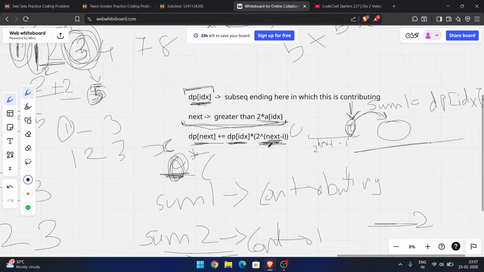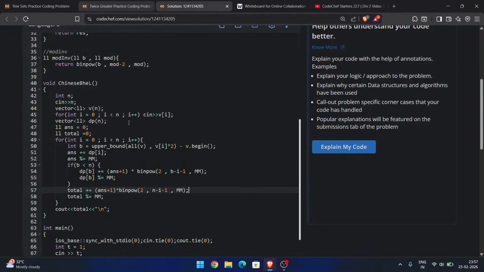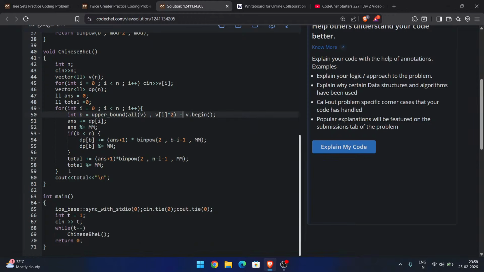So dp of next plus equal to dp of index into 2 to the power next minus 1. So these are the total subsequences formed till there, into bin power of this. What is this? The number of indexes between the next greater element and this index. So in the end, what is our answer? Total is our answer.